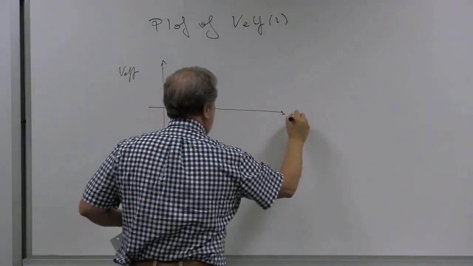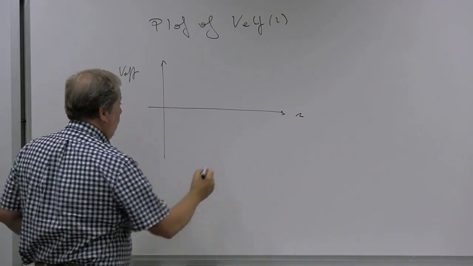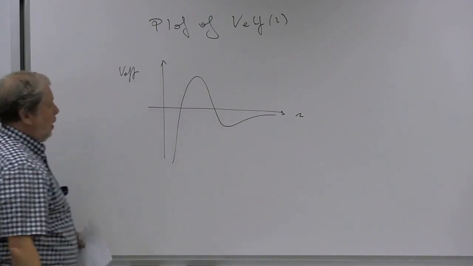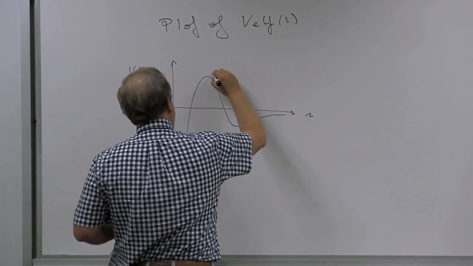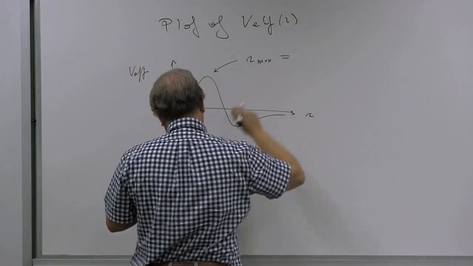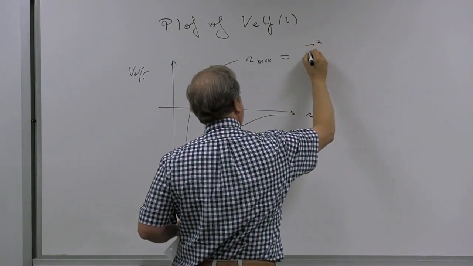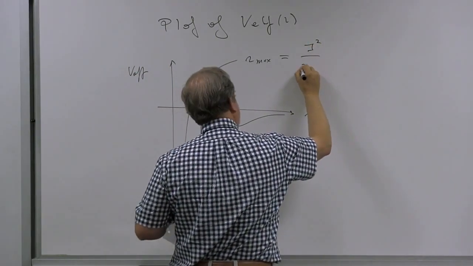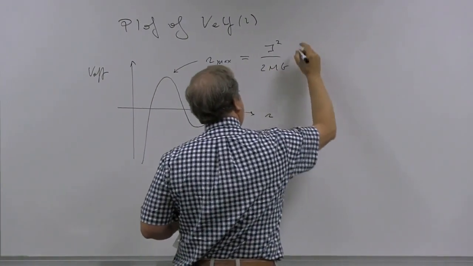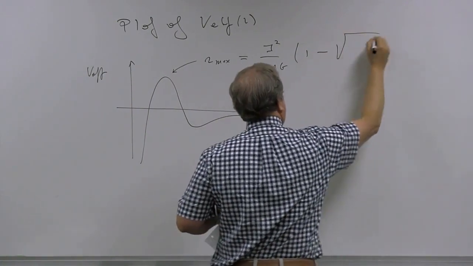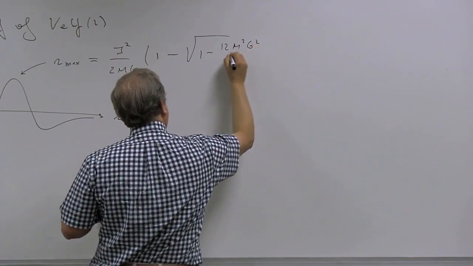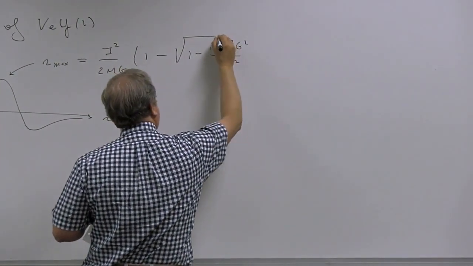It looks like this. At large r, we have the Newtonian part, so it looks like that. Then it goes up and then it comes down again, and so it has a maximum and a minimum, which we indicate by r max is equal to j squared divided by 2mg times 1 minus the square root of 1 minus 12 m squared g squared divided by j squared.